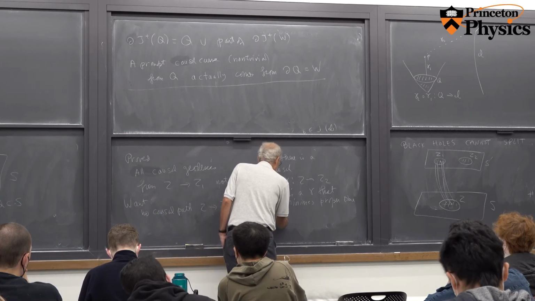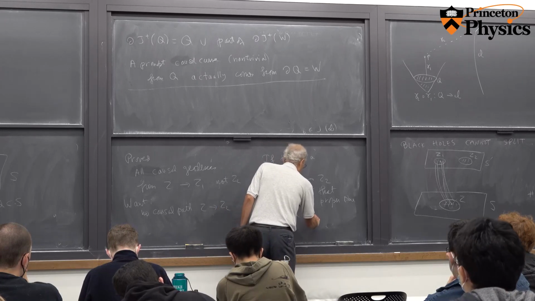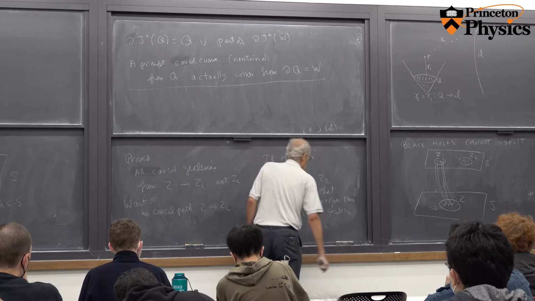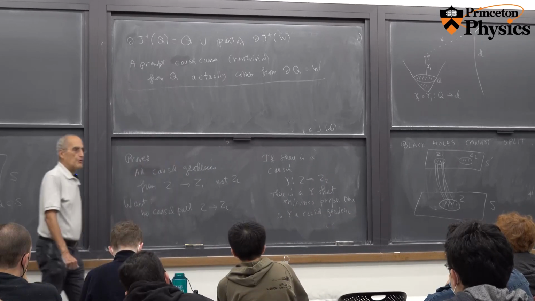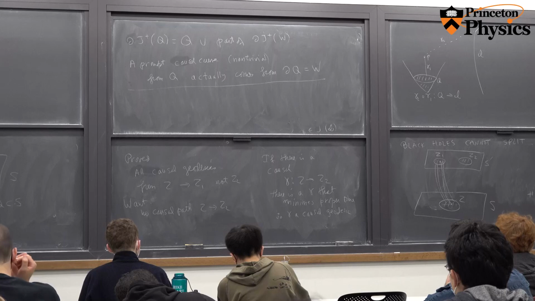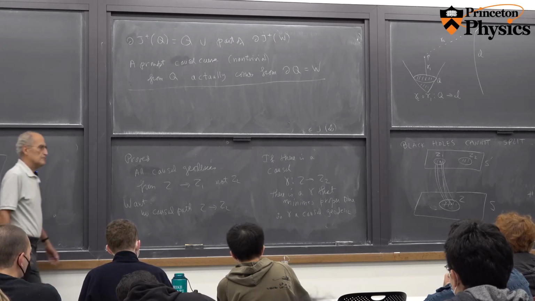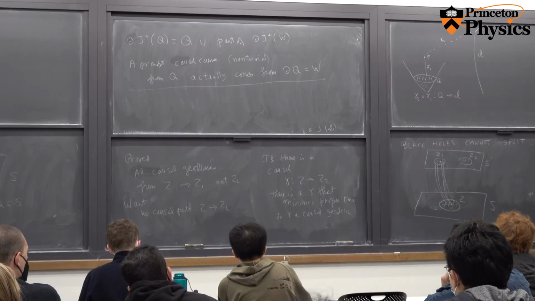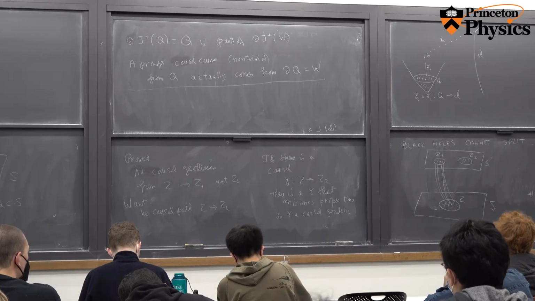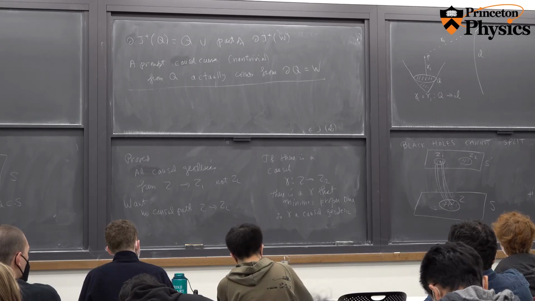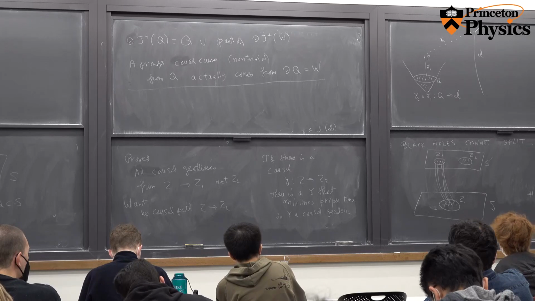And such a gamma will be a geodesic. But we've already proved that there's no causal geodesic from Z to Z2. So therefore, there's no causal path at all from Z to Z2. And we've proved that only Z1, not Z2, is in the future of Z. So in other words, we've proved that although black holes can merge, they can't split.